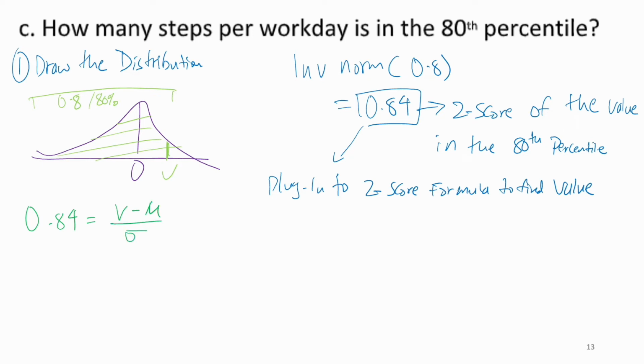So plug everything in. We know that the mean is 9,797 and the standard deviation is 2,313.